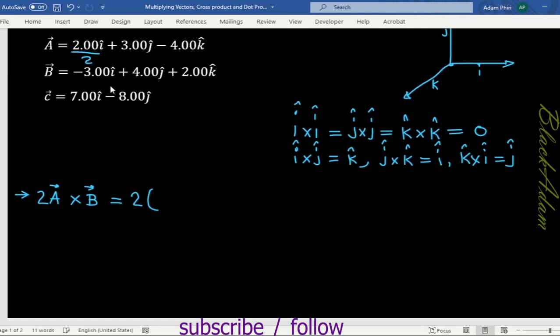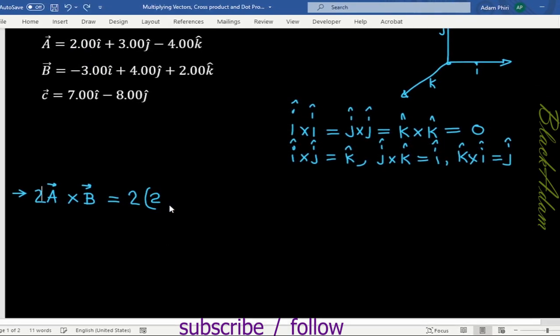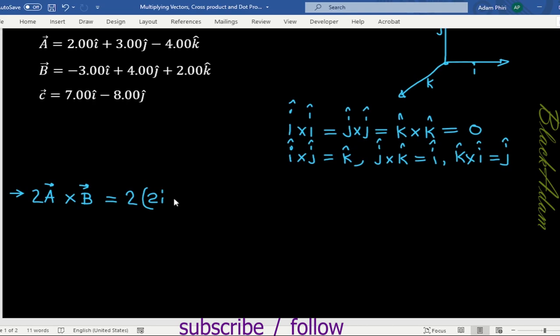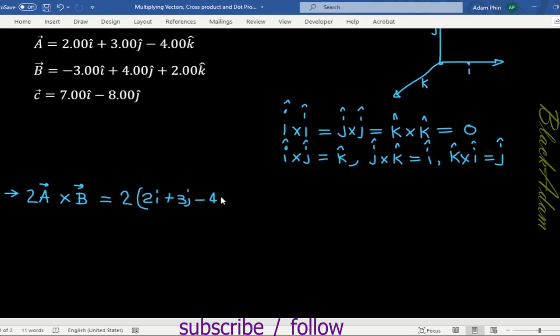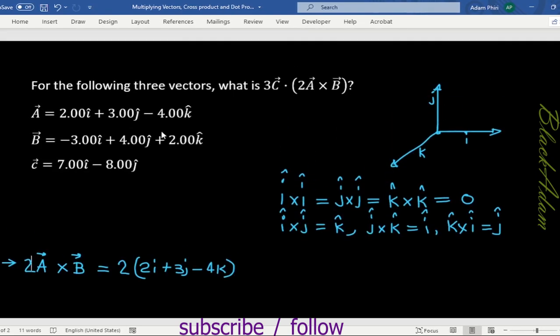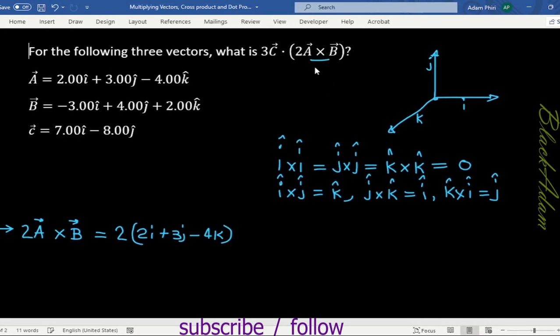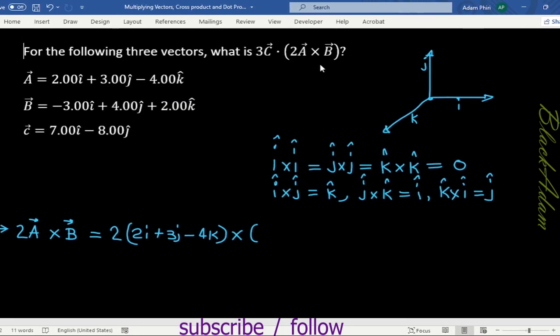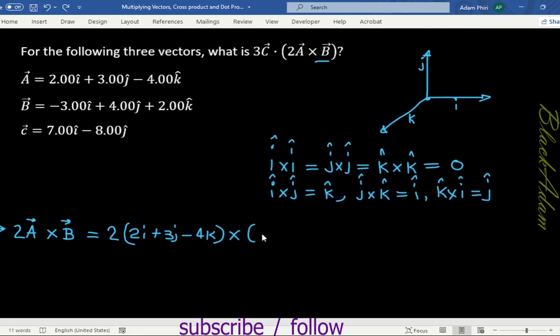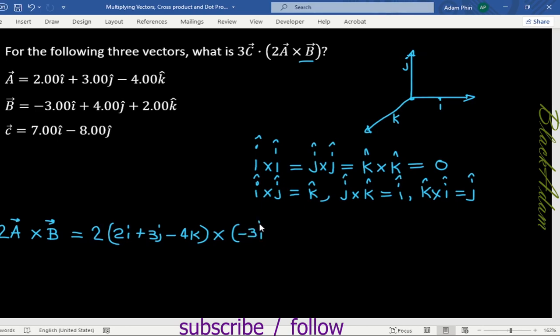So that is 2i. Because of the 2, 0, 0, I'll just drop the zeros to make the calculation easier. So it's 3j plus negative 4k, and then you have cross multiplication there with b. So b is negative 3i, positive 4j, positive 2k.